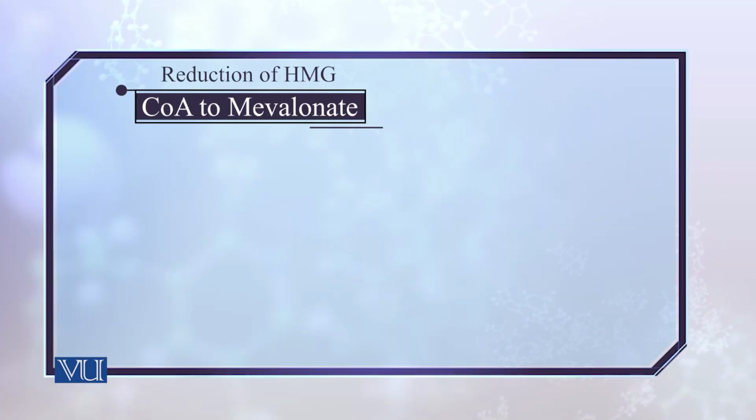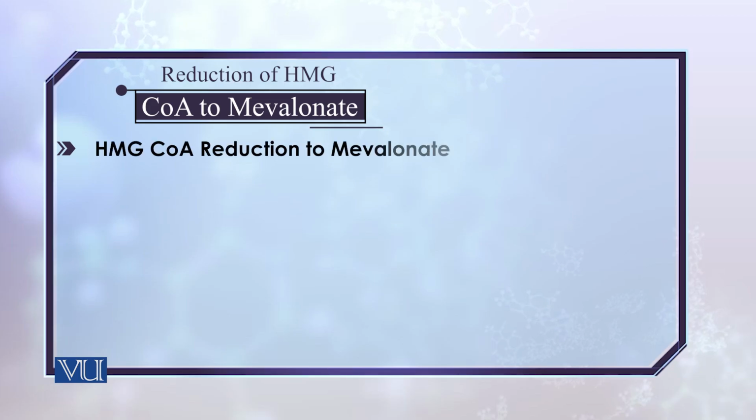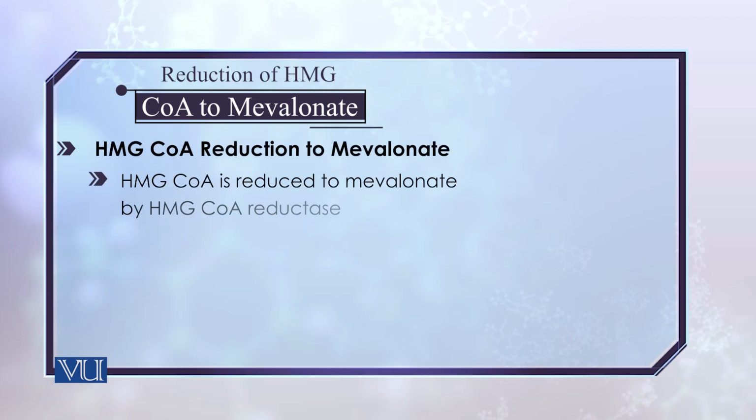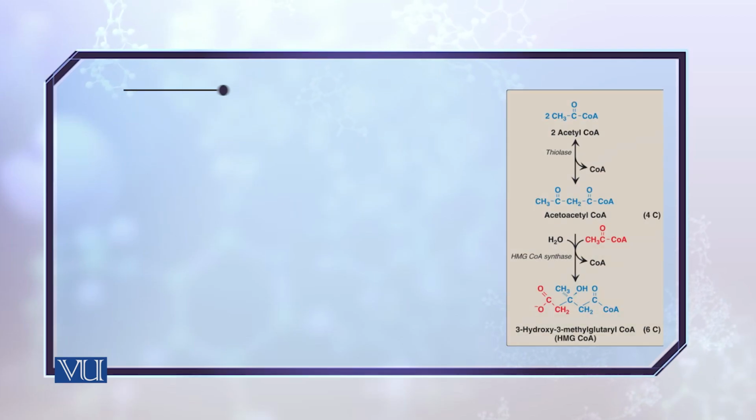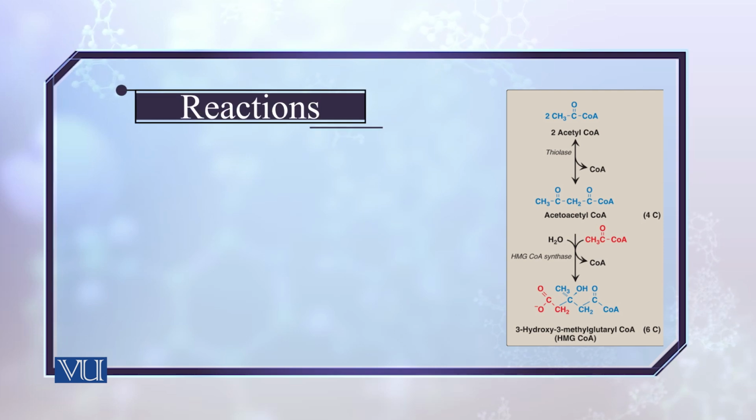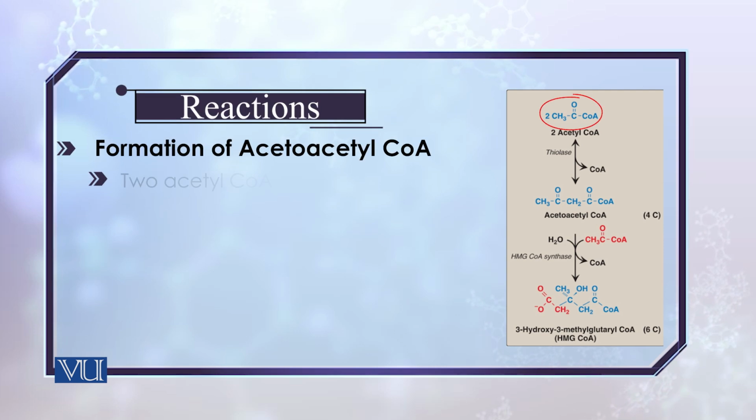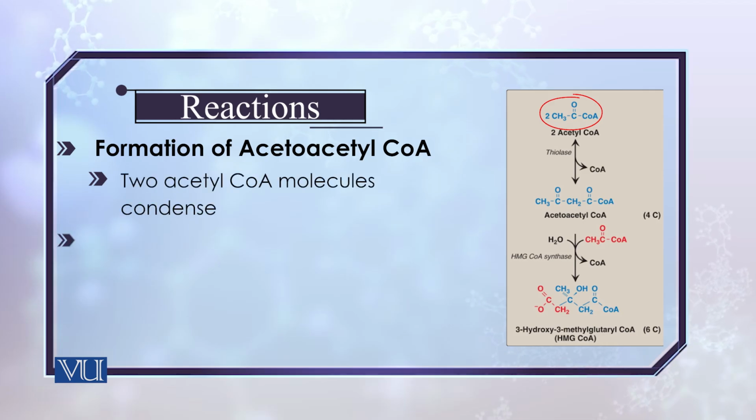As with most of the other lipids, cholesterol synthesis also starts with acetyl-CoA. Here you can see two acetyl-CoA molecules. Under the action of thiolase, they form a 4-carbon compound, acetoacetyl-CoA.